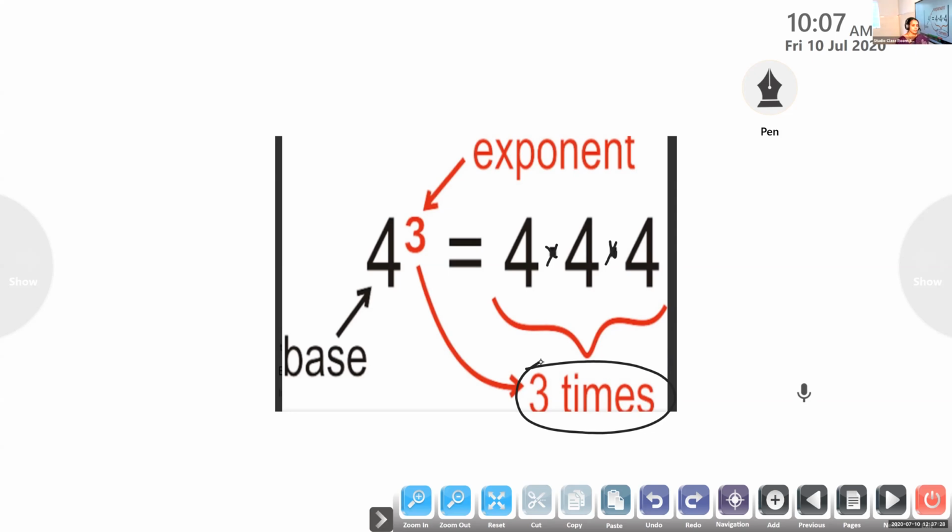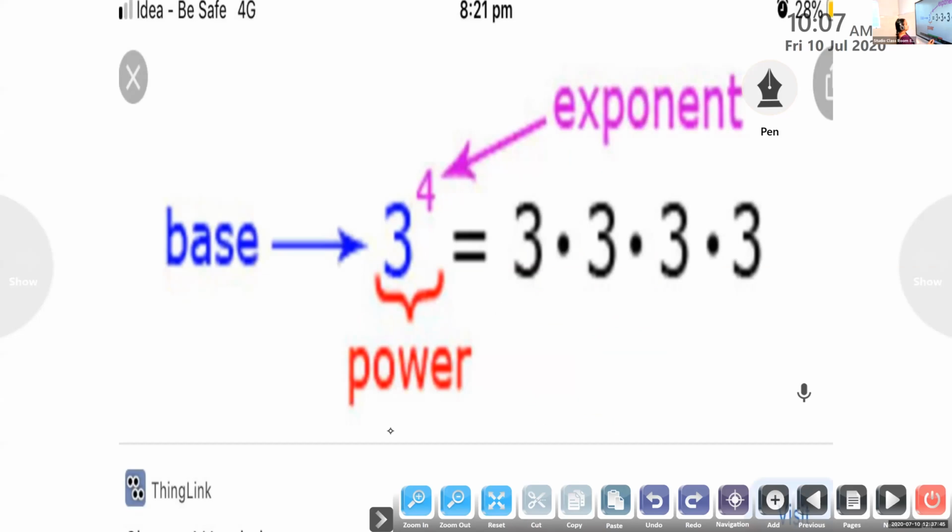Is this idea of base and exponent clear to all of you? Yes, ma'am. Okay, good. 3 is the exponent, 4 is the base, and 4 is multiplying 3 times.